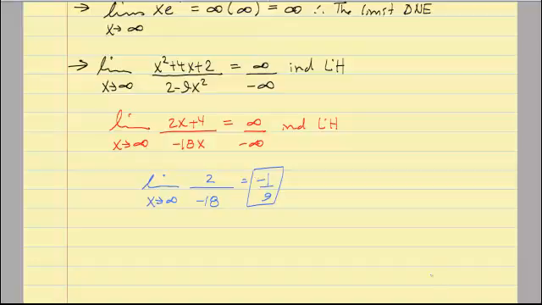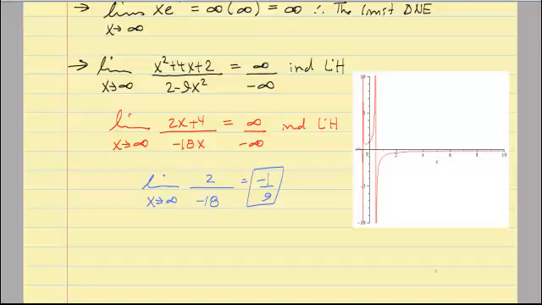Let's pop in a graph from Maple to see what Maple says. The graph from Maple is a little bit confusing, because I'm taking the limit as x approaches infinity, so I'm looking at this part of the graph, going out in this direction, and it looks like the limit is going towards 0.